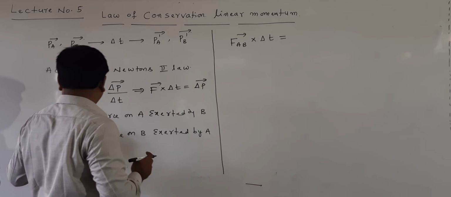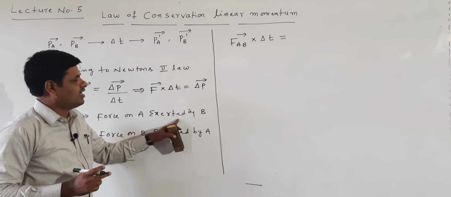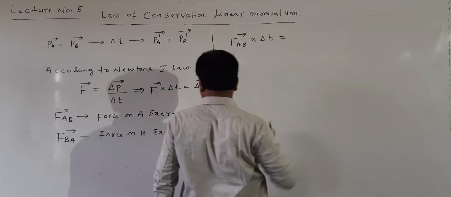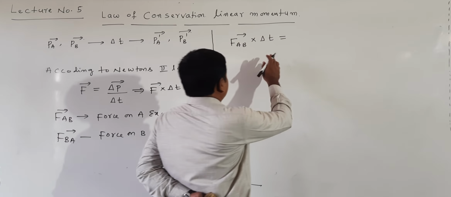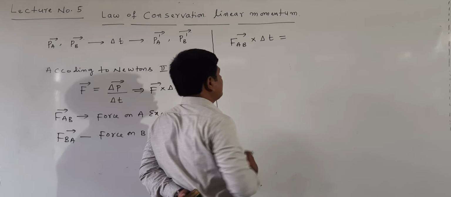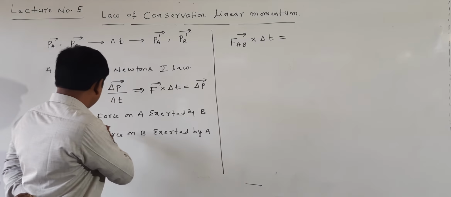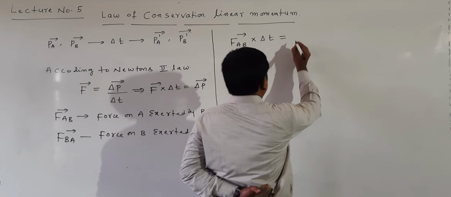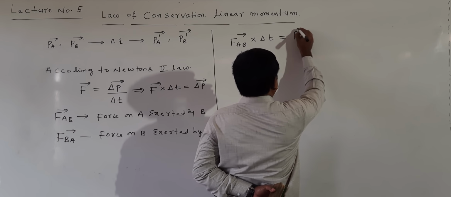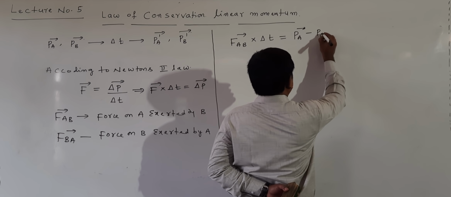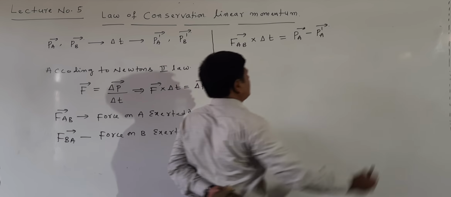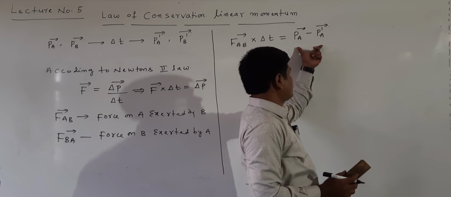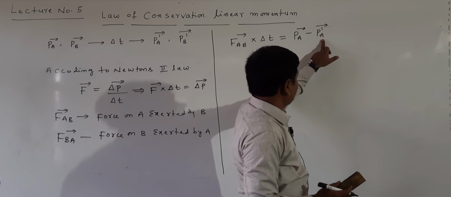FAB bar means force on A exerted by B. FAB bar into delta T can be written as delta P bar, the change in the momentum of A body, because the force is acting on A body. The change in the momentum of A body can be written as PA bar minus PA dash bar, where this is the initial momentum and this is the final momentum.